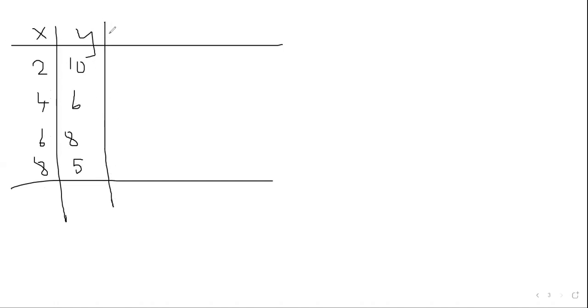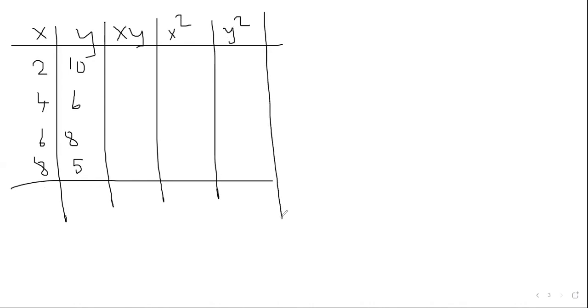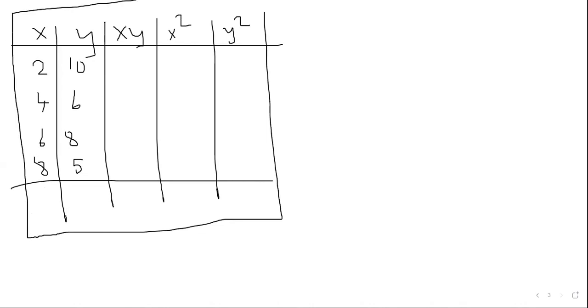So what you do is you multiply and you square each individual. Now to start with, regression is used to measure the relationship between two variables. So you'll be given the values of x and the values of y.